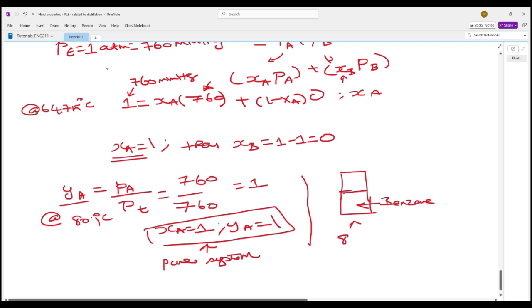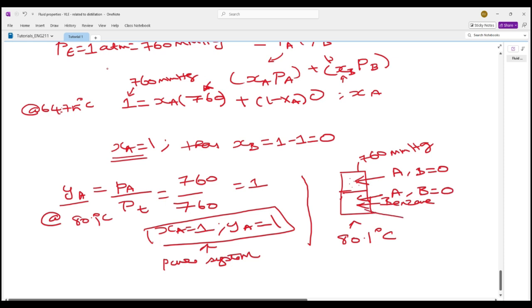Then you heat this to its boiling point, 80.1 degrees centigrade. It's going to create some vapor phase, and that's going to read 760 millimeters of mercury. So remember, you have only one component, which we call A, in both phases. So what does this mean? Component B is automatically 0, am I right? Component B is automatically 0.